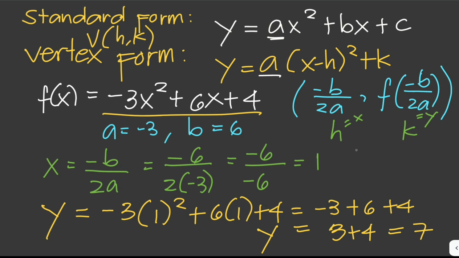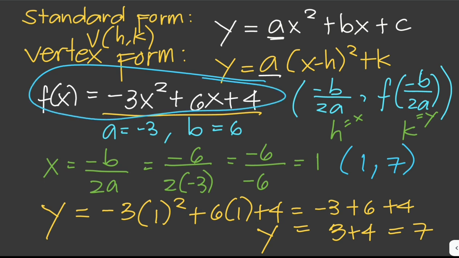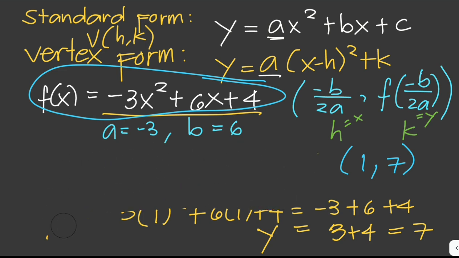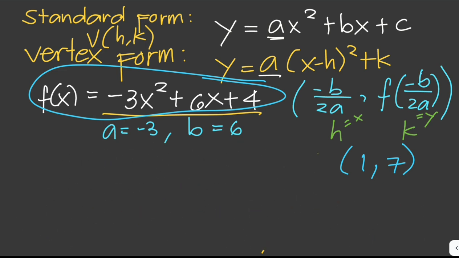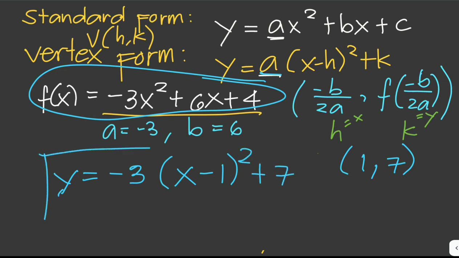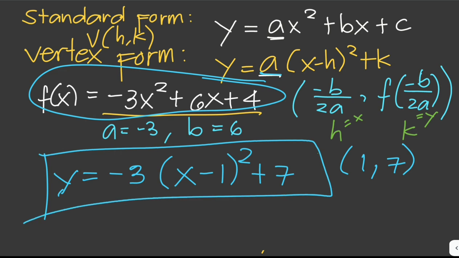Therefore, the values for x and y are 1 and 7, and this is the vertex of this quadratic equation. And now we can write that equation in its vertex form. So that would be y equals a, which is negative 3, times x minus h, which is 1, so x minus 1 squared, plus k, which is 7. So this is its vertex form.